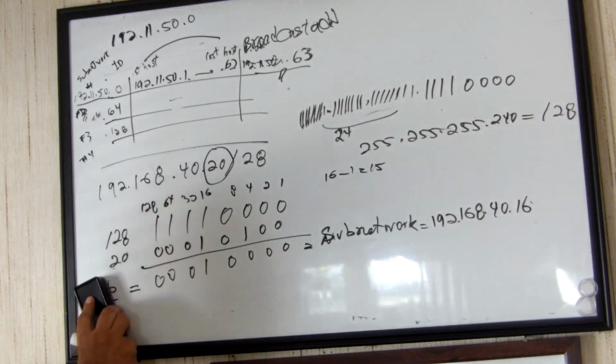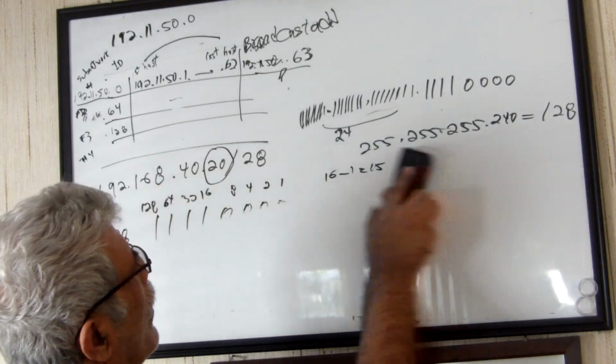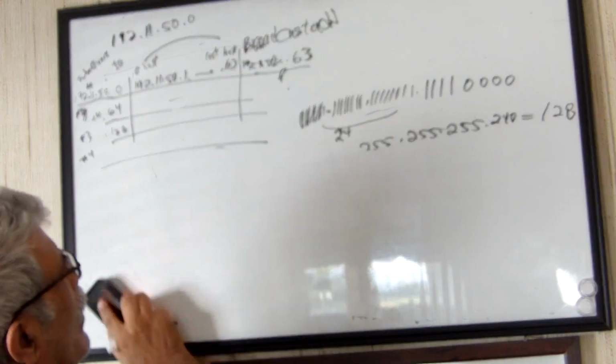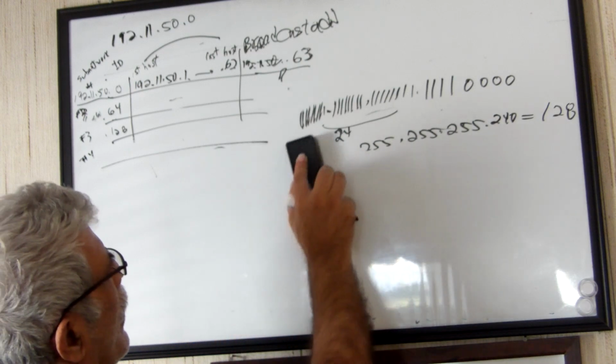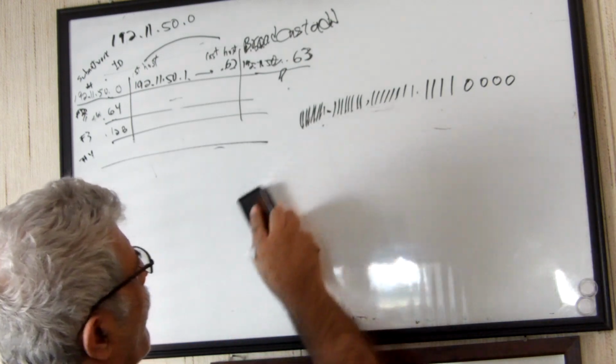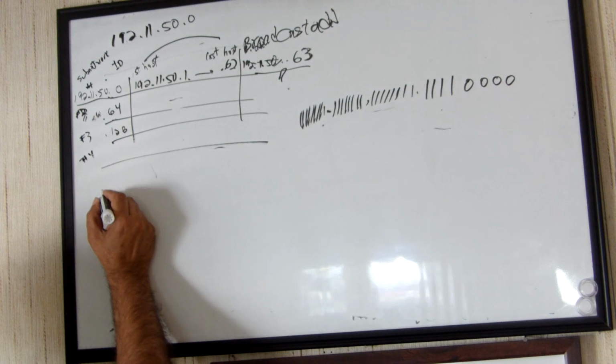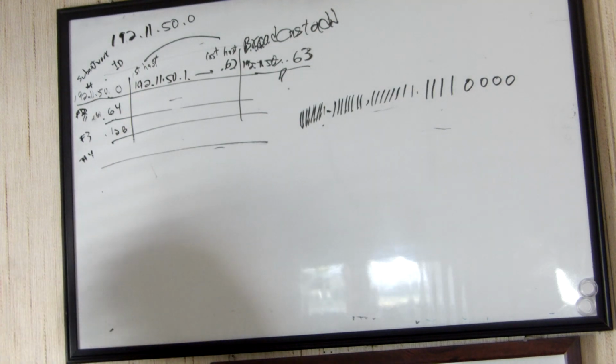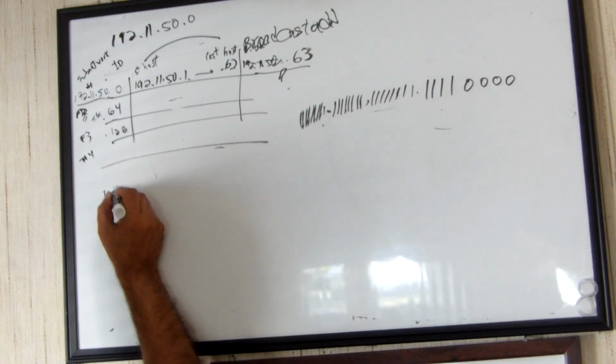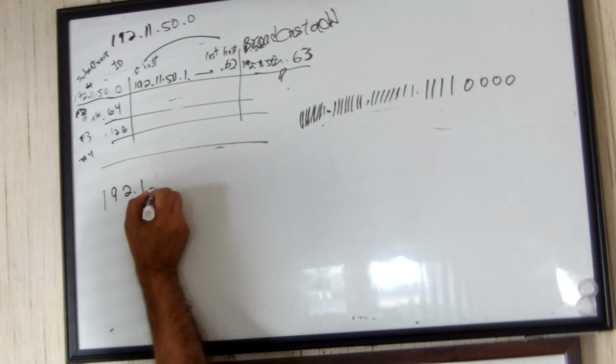They give you an IP address and ask what is the first valid host on the subnetwork that this IP address belongs to. What is the node? 160, this node.